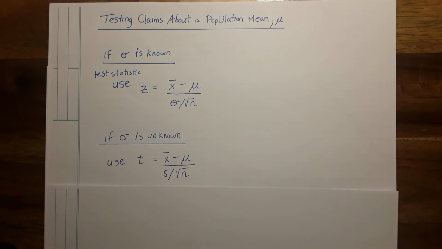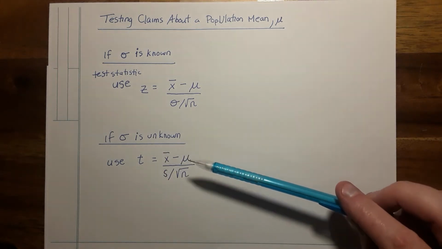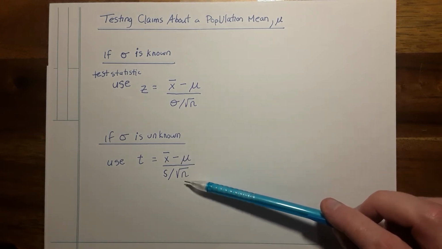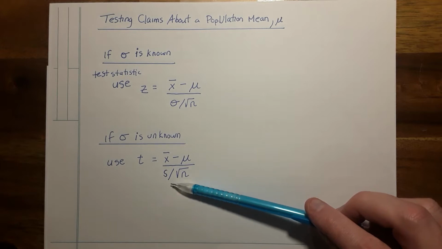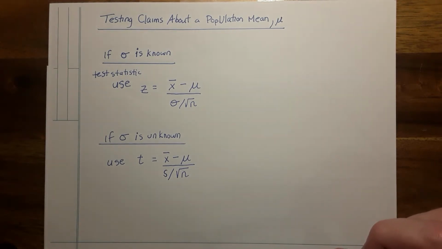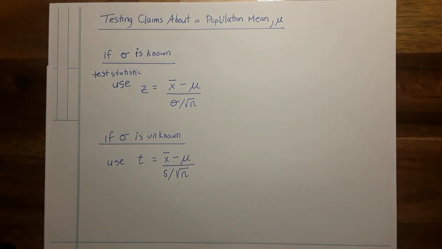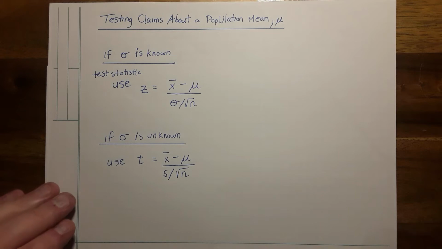If the standard deviation of the population is unknown, then in that case, we use t-score. Same calculation, mean of the sample minus the mean of the population, but you divide by the standard deviation of the sample divided by the square root of the sample size. So we have those two test statistics that are used for all claims about population means.